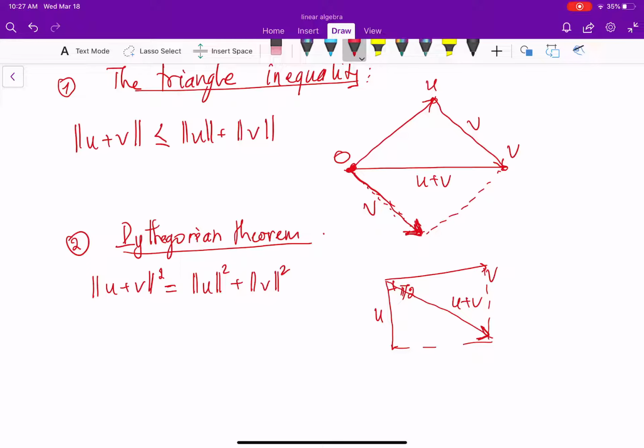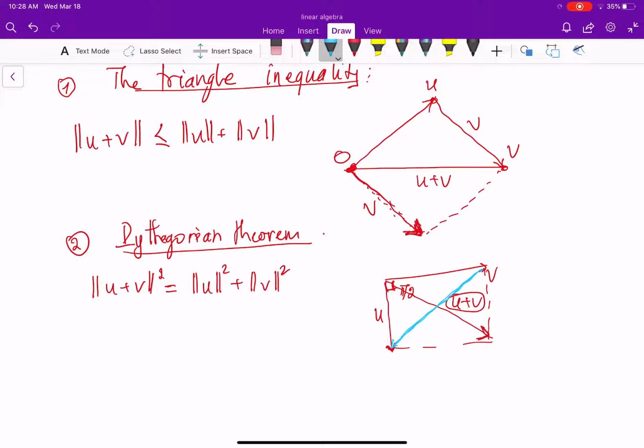It's also obvious because in this situation we have a rectangle. So the length of u plus v is just equal to the length of this diagonal, and the square of the length of this diagonal is equal to the square of u plus the square of v. So that's why we have this identity.